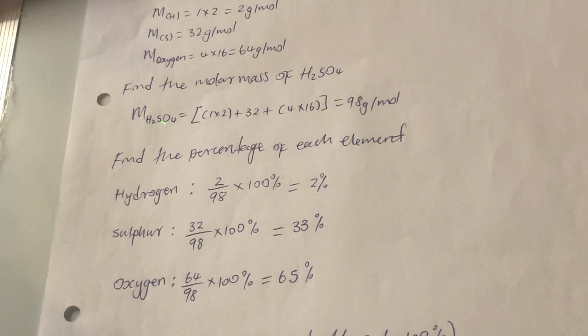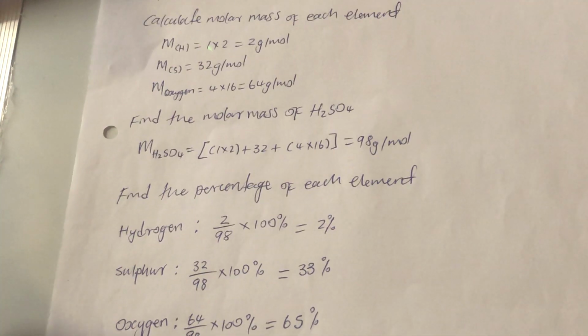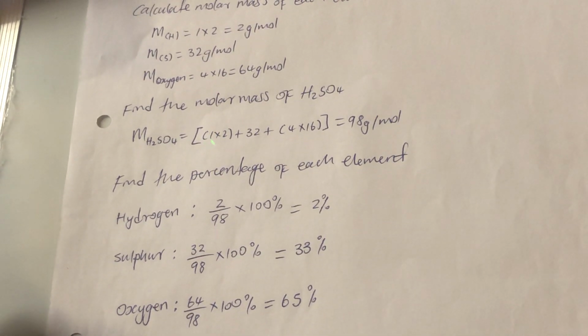Molar mass of H2SO4 equals, open bracket, for H2 it is 1 times 2. Remember, we have done this already somewhere here. Yes, we already have this information here. 1 times 2 is the same as this one. I just have to put it here, 1 times 2.